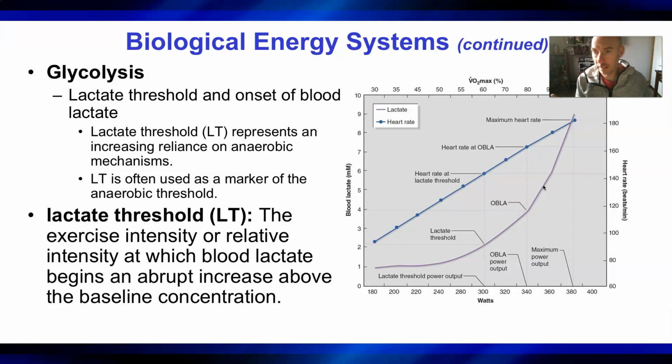So practically, this is a useful thing to know. If you have an athlete, let's go back to the 400-meter runner. Okay, when a 400-meter runner is training to get better, they should train above the lactate threshold, because exposing your body to high levels of lactate will cause this whole curve to shift to the right, which means after training, they can exercise at a higher exercise intensity because less lactate accumulation will occur.